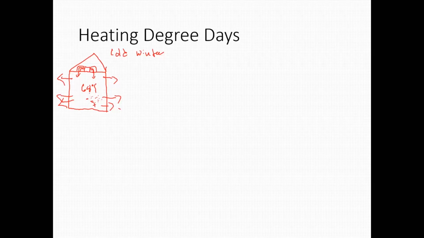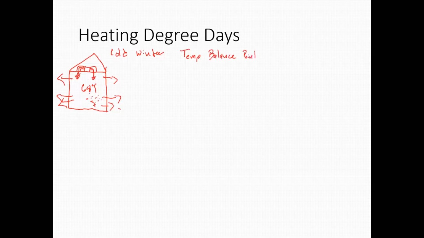So again, the heater is going to kick on at some temperature outside to try to keep it 68 degrees in your house. You've got heat moving through the envelope. When the heater kicks on, it's pumping heat back into your house, trying to keep it 68 degrees. So this temperature outside, we're going to call the temperature balance point.